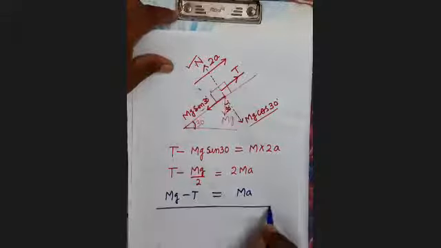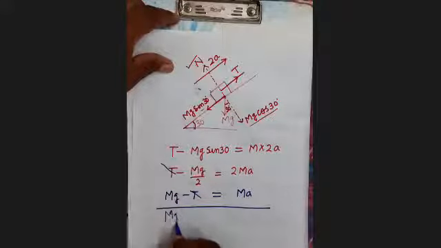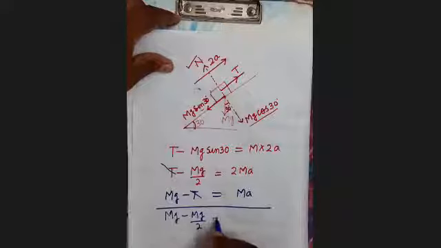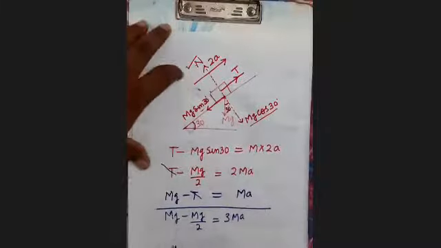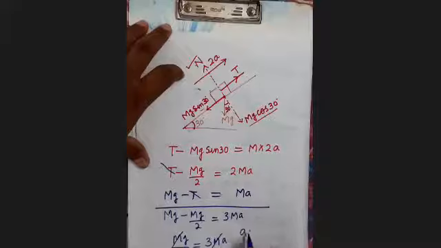So you add side by side. So it is mg minus mg by 2 equals to 3ma. That is mg by 2 equals to 3ma, m and m cancel. So a equals to g upon 6.